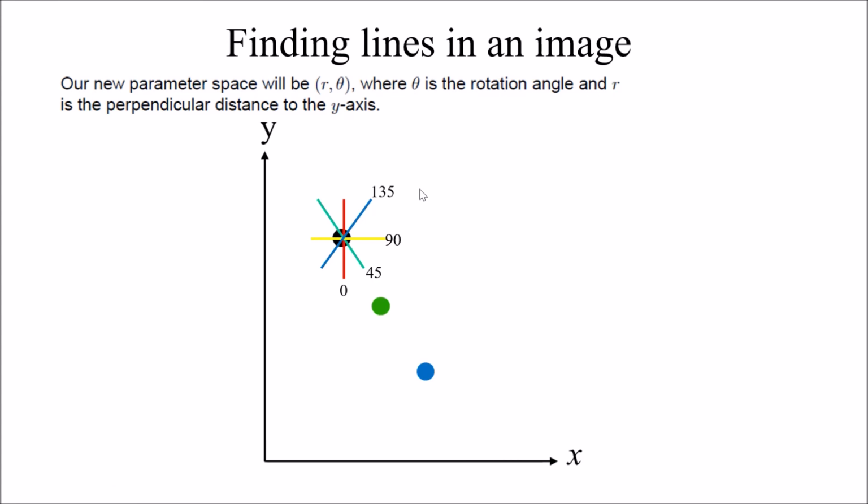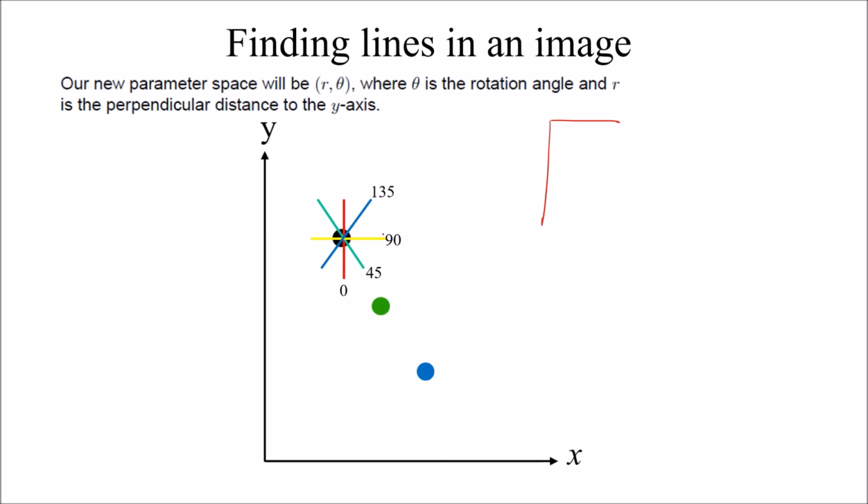But for simplicity, I will show you in 45 degree resolution. So first we construct the line at every angle from each location. Once we have constructed that, the next part you need to remember is that we want to find, for every location, a set of theta and r.